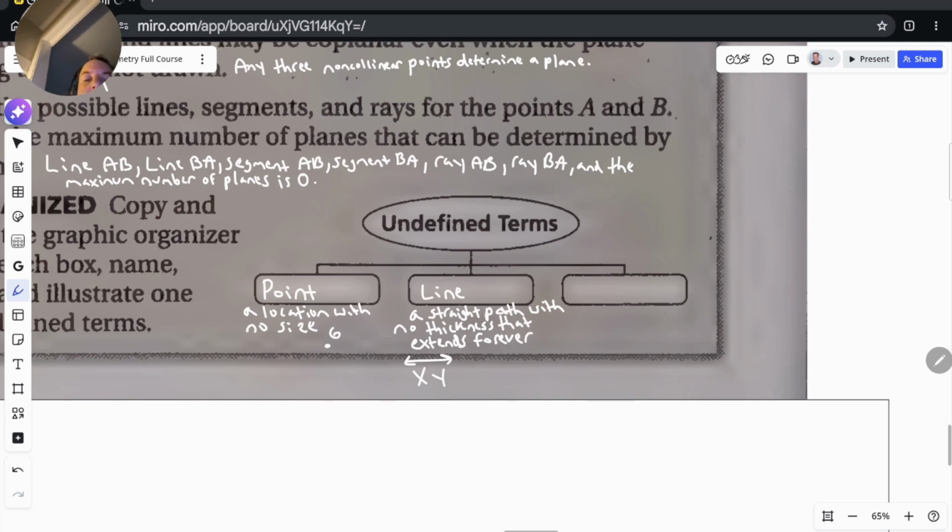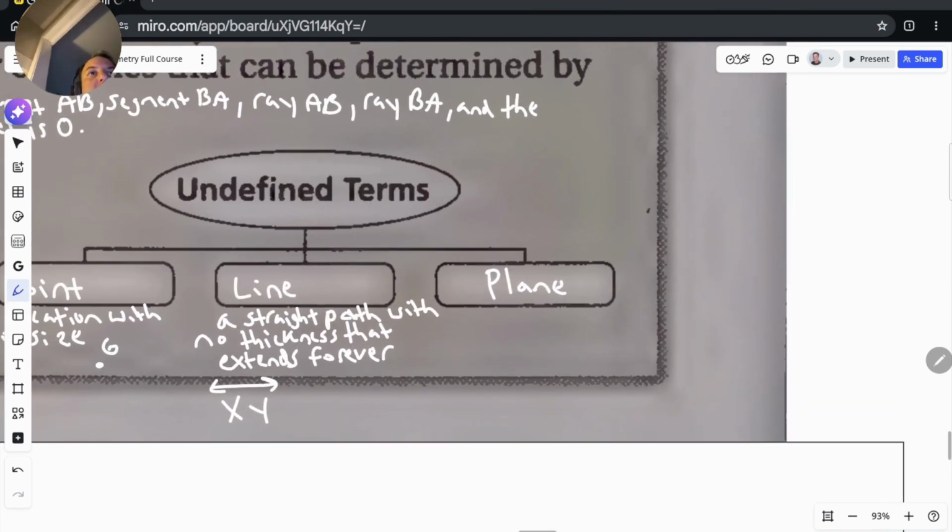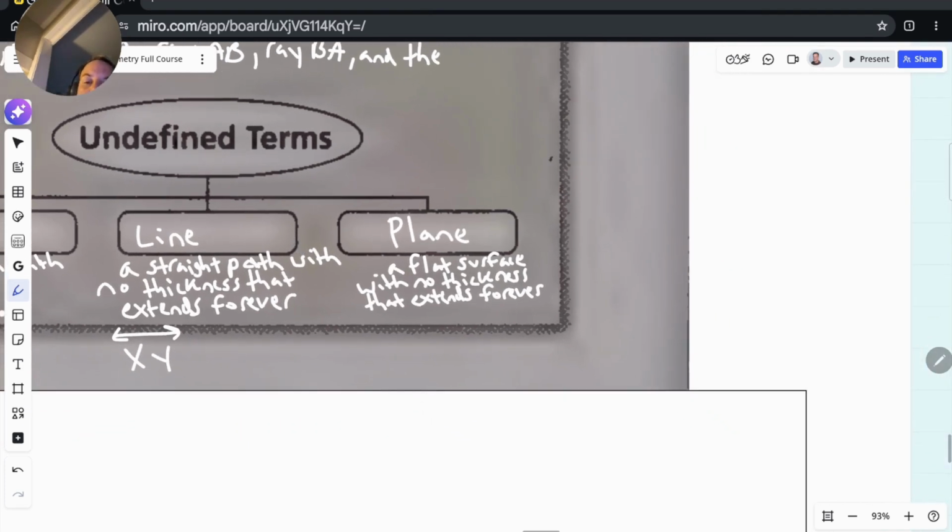And then we have on the right a plane, a flat surface with no thickness that extends forever. And we could have our parallelogram.